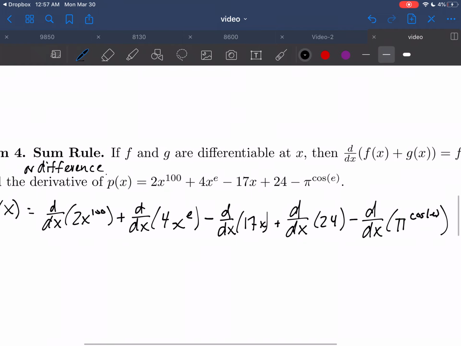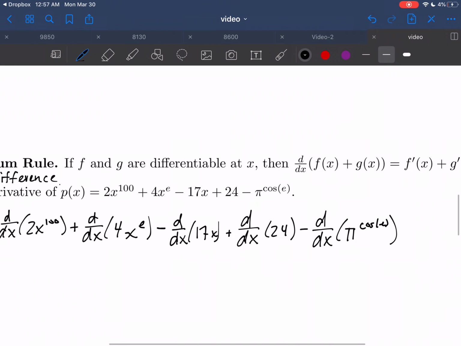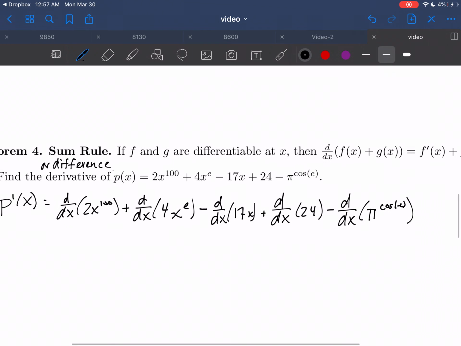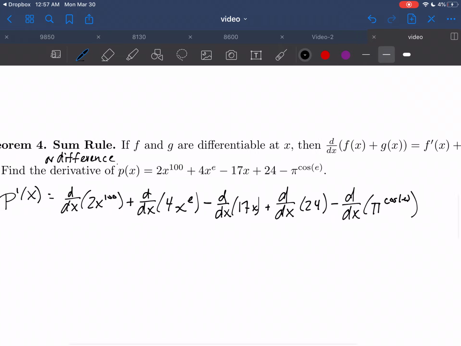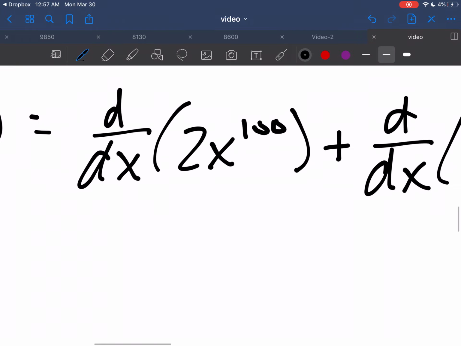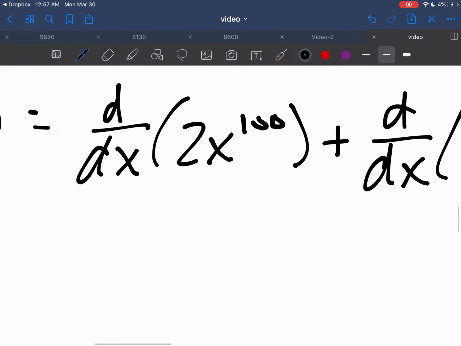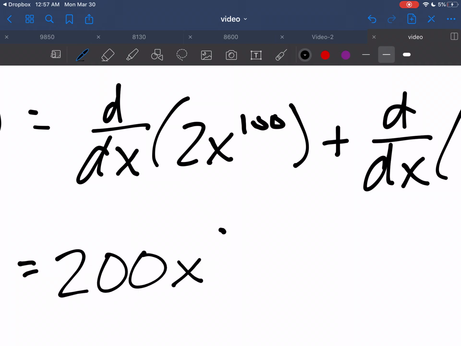So with the sum or difference rule, you're just going to break it down and take it chunk by chunk using those same derivative rules we've talked about before. We'll do it piece by piece. Our first derivative is a power rule, so we'll bring that 100 down and we get 200 times x to the 99.